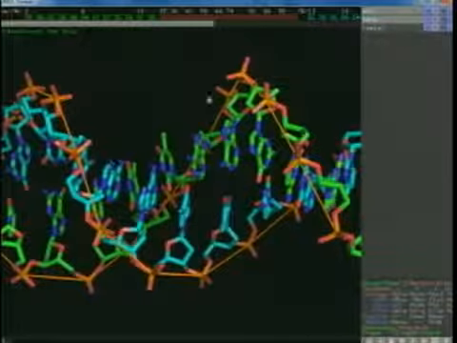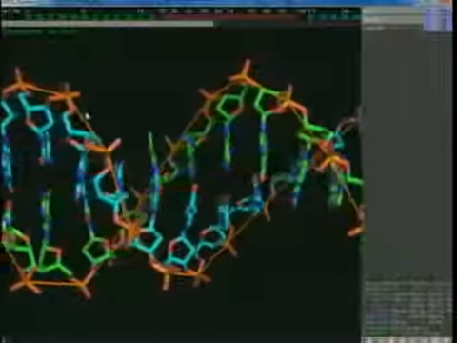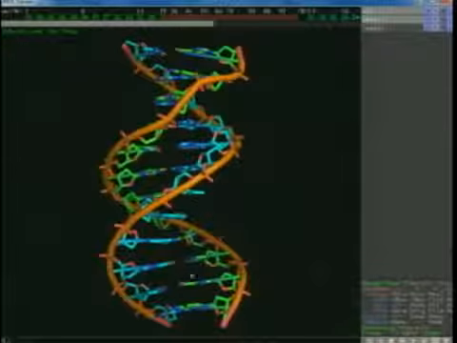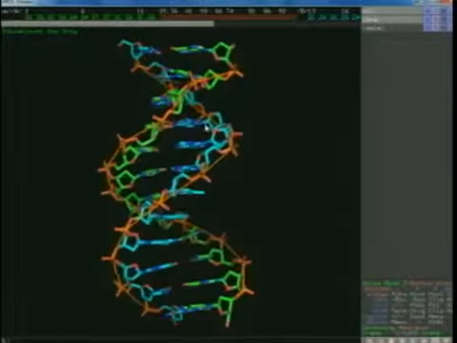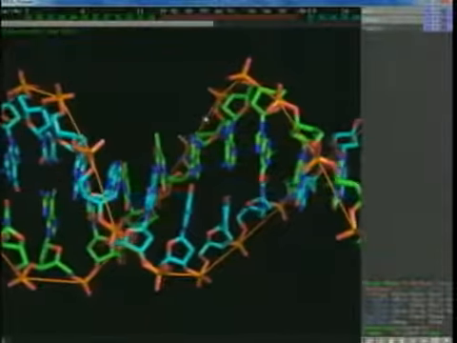There is the large indentation that runs along its side, and there is a smaller indentation that runs along its side. One more time. One groove runs up here, one groove runs on the other side. There is the major groove, and there is the minor groove.